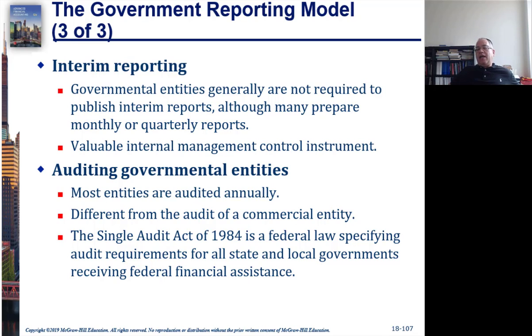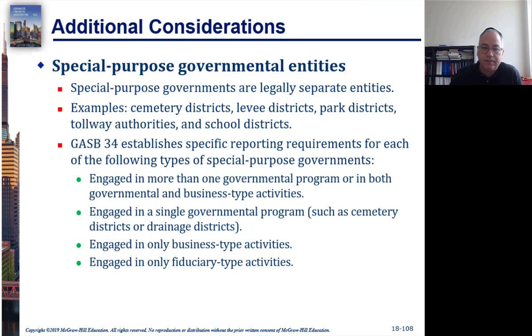The federal government has the authority to do this if they receive federal grants or other financial assistance from the federal government. So when the federal government issues these grants, it requires what's called a single audit, and that would be based on single audit standards as specified by the federal government.